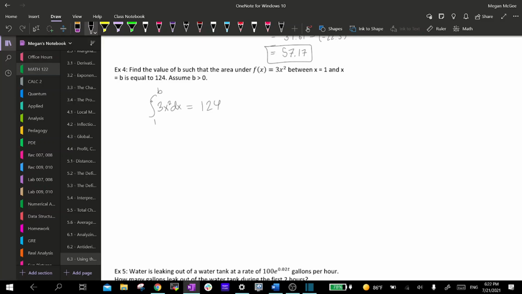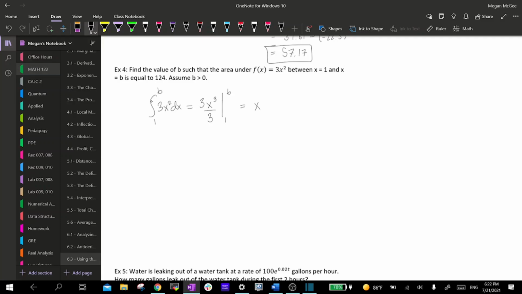So what we're going to do is use this fundamental theorem to calculate the antiderivative, and then we're going to set that equal to 124 and see what we get. All right? So our antiderivative is x cubed divided by 3 times the constant that we already had there, which was 3, evaluated from 1 up to b.